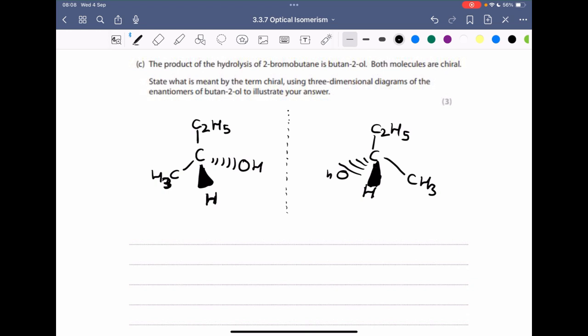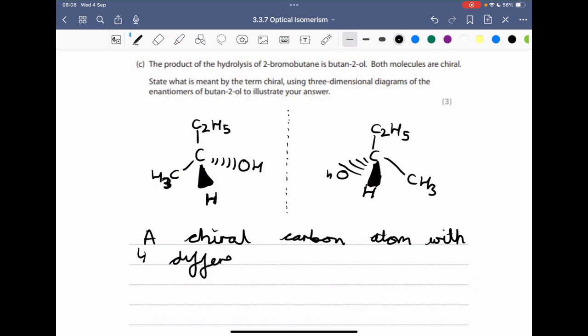And then state what is meant by the term chiral, okay? So chiral means the compound has a chiral carbon atom with 4 different groups attached to it.